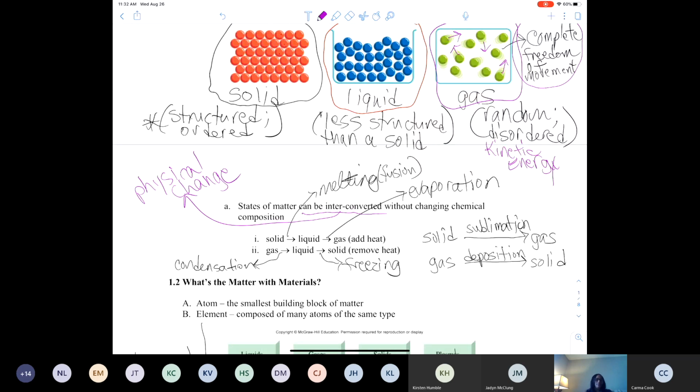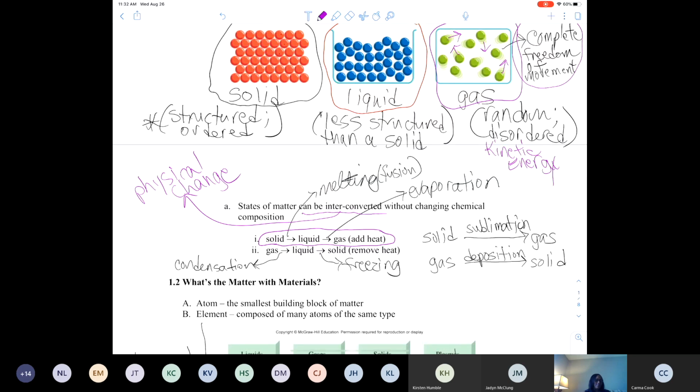Interconverting between solid, liquid, and gas phases is a physical change that takes place without changing the chemical composition of the substance. So changing phases does not involve any chemical changes, but does involve physical changes. So you can change a solid into a liquid and then go on and change that liquid into a gas. And you do so by adding heat.